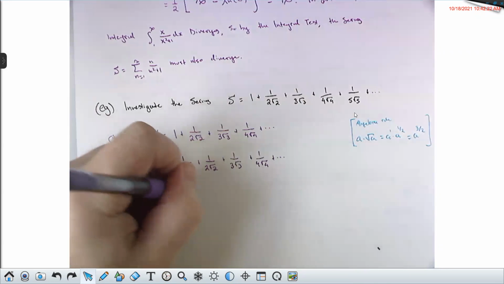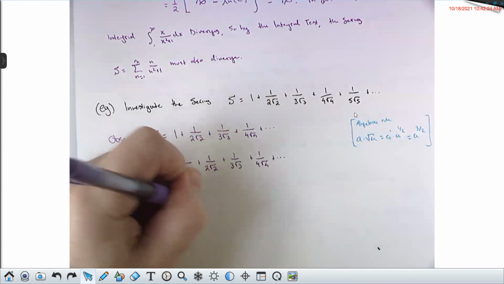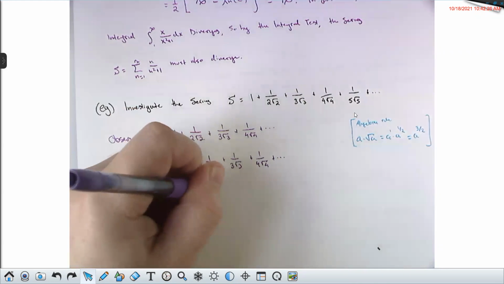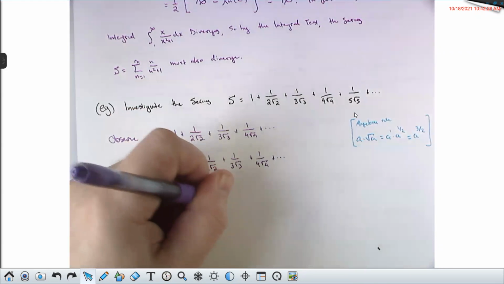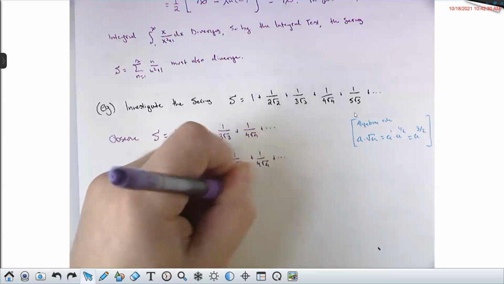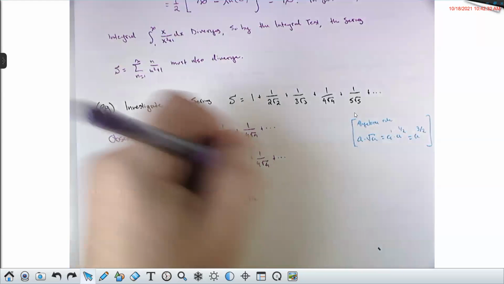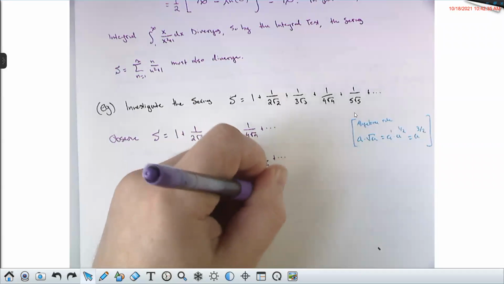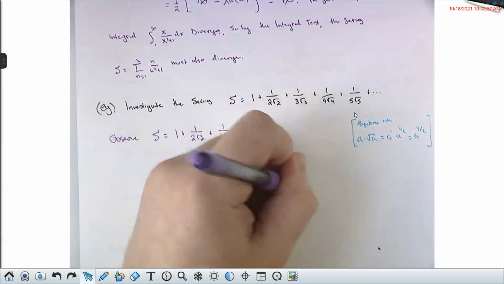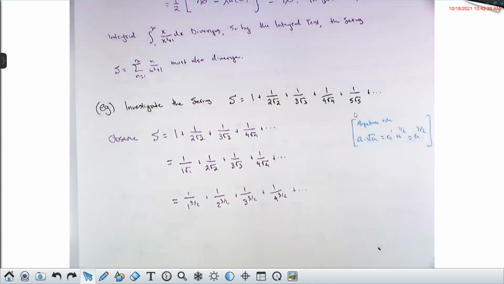So this is 1 over 1 to the 3/2 plus 1 over 2 to the 3/2 plus 1 over 3 to the 3/2 plus 1 over 4 to the 3/2 and so on.